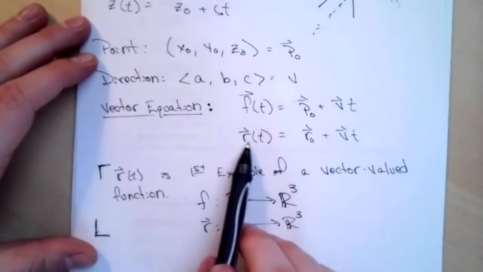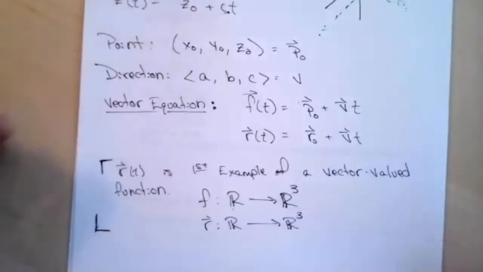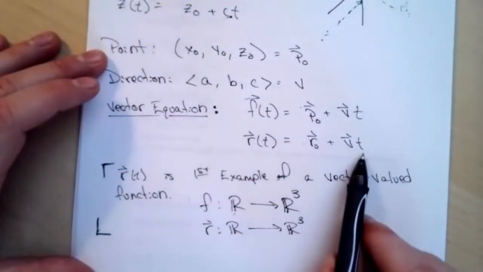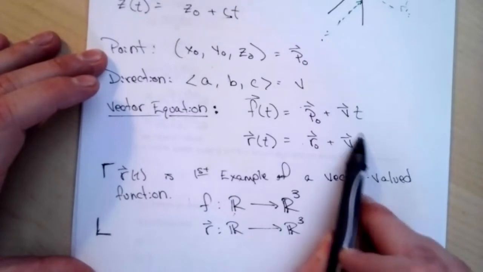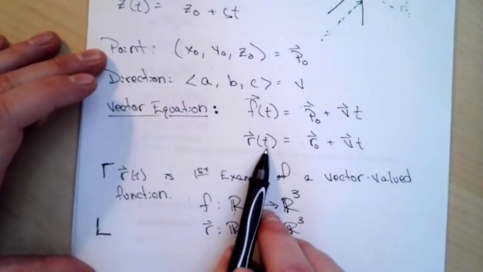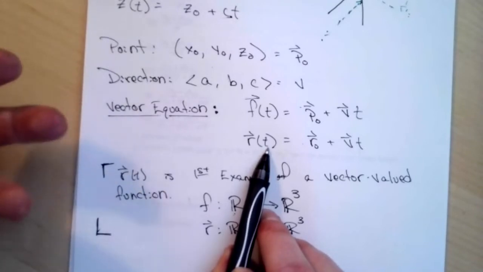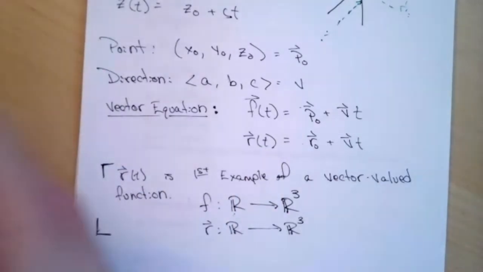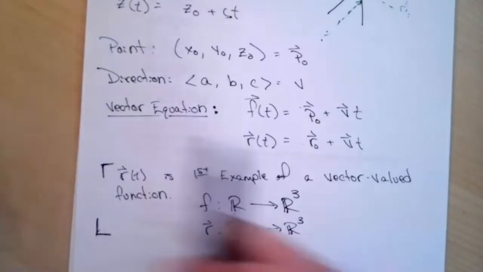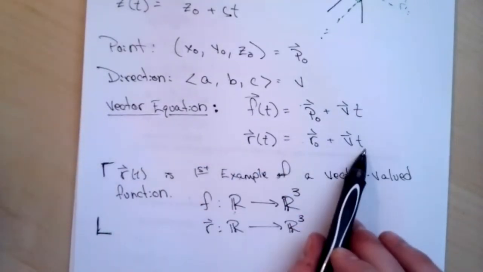So this is our one equation that defines a line. And again, the number of free variables, the number of independent variables, our free parameters, dictates how many dimensions this object is. So it's just a one-dimensional object in space.